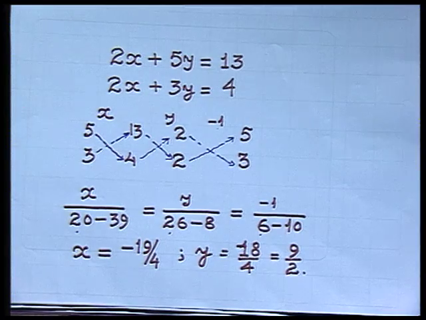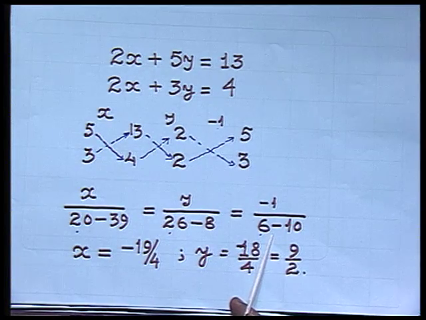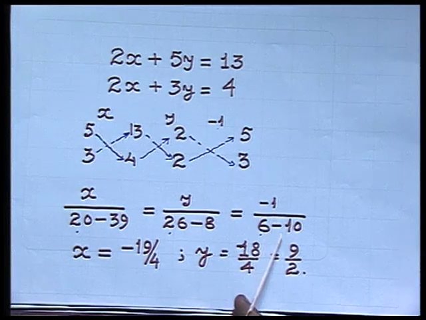So from here I get x upon minus 19 will be minus 1 upon minus 4, that makes it 1 upon 4.